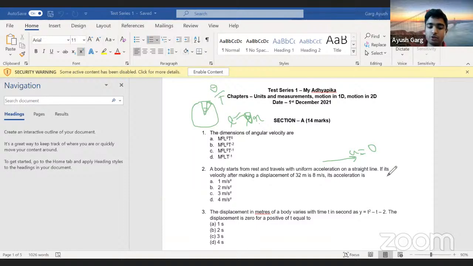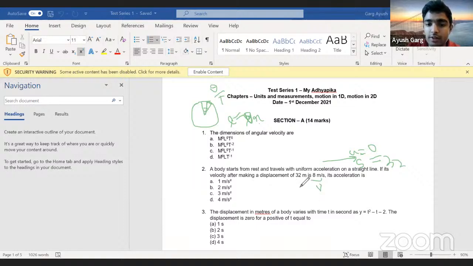Right? So after its velocity starts increasing, they are asking that when it has made a displacement of 32 meters, its velocity is 8 meters per second. So after a distance s of 32 meters, it has come to a velocity of 8 meters per second, which is basically your v.